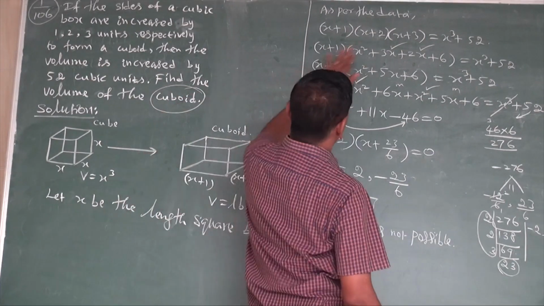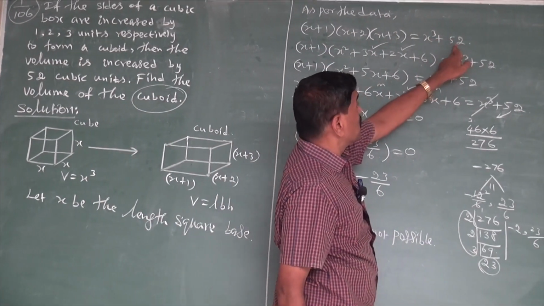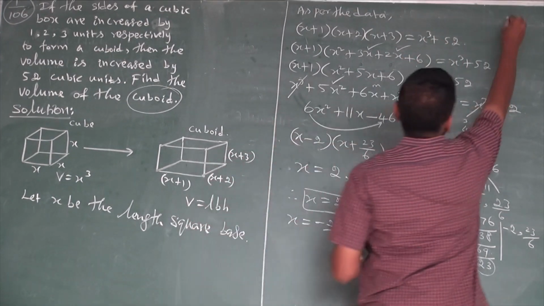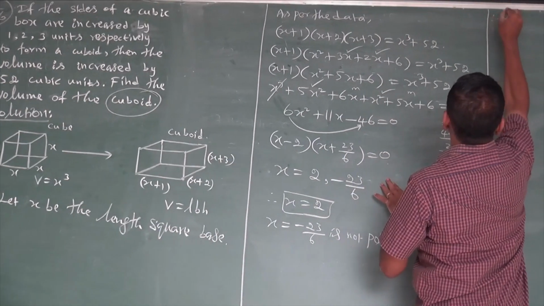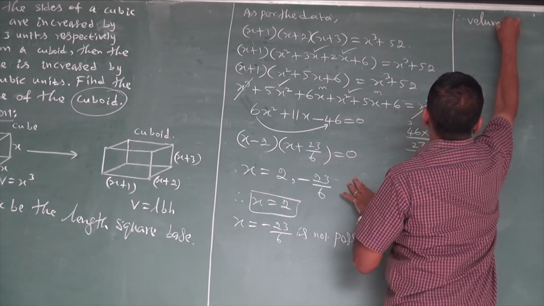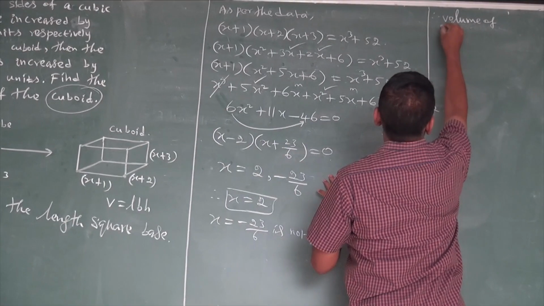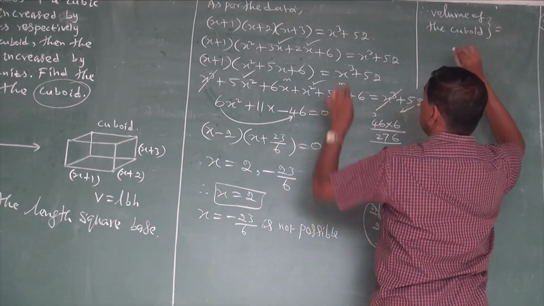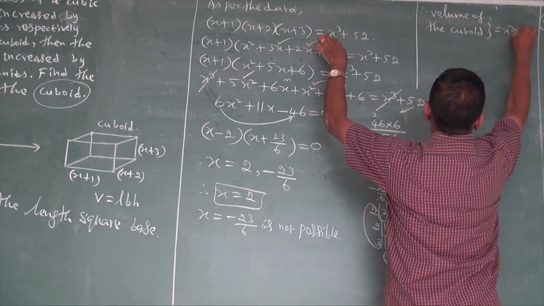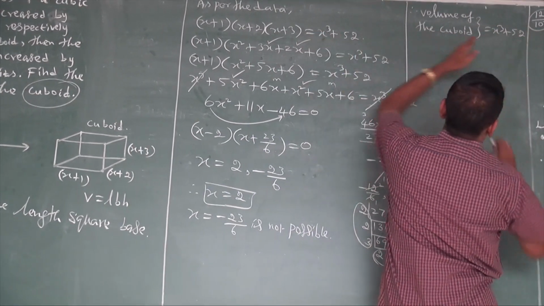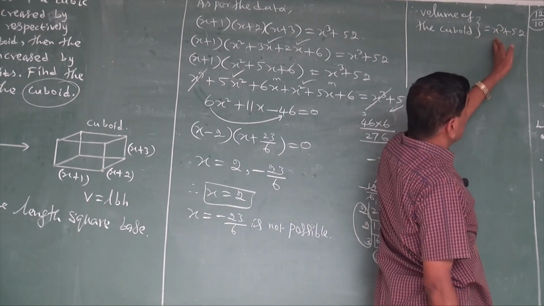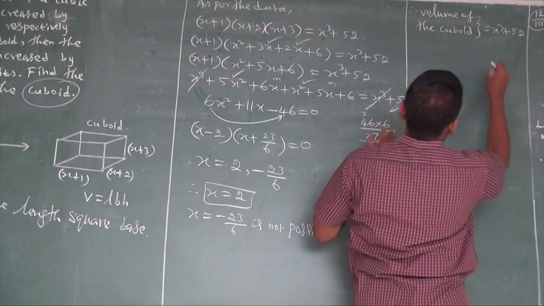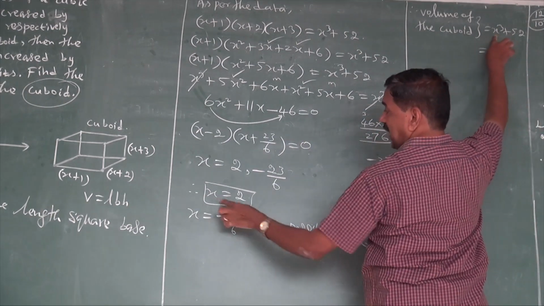So the volume of the cuboid is equal to x cube plus 52, where x is equal to 2.